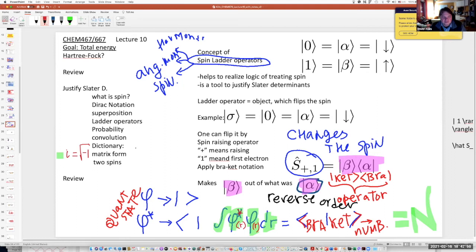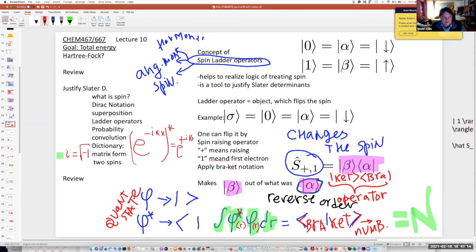For example, if the wave function has the shape e to the power minus i kx, making star will flip the sign: e to the plus i kx.